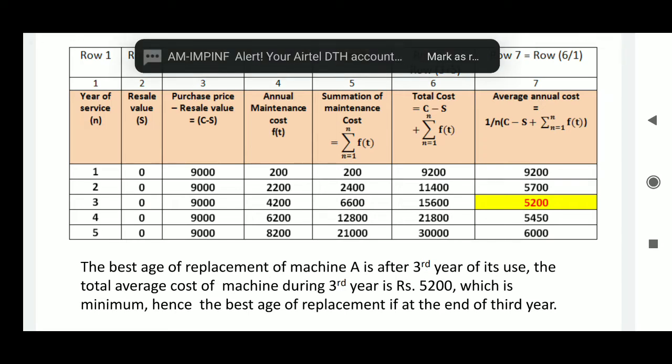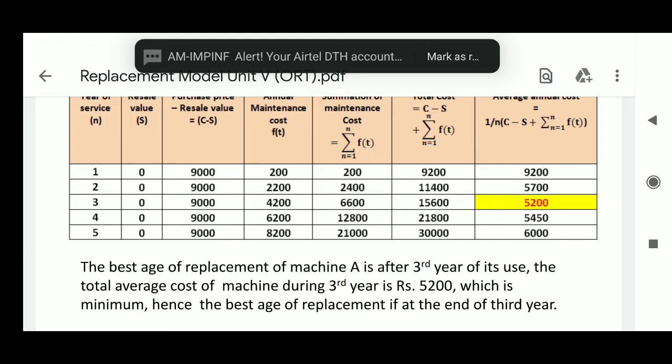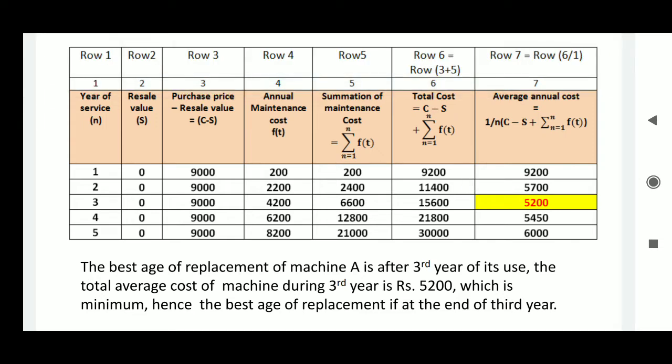So what does column 5 indicate? Take the example of row 3 and column 5, that is rupees 6600. That rupees 6600 indicates that up to 3 years we have spent 6600 rupees on the maintenance.